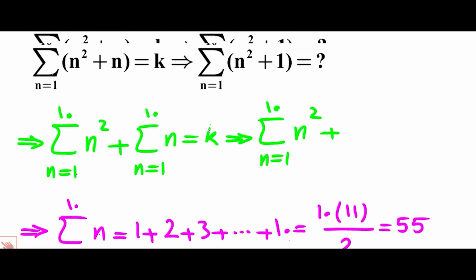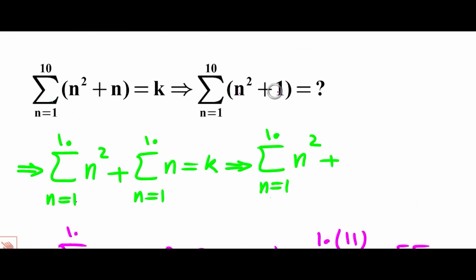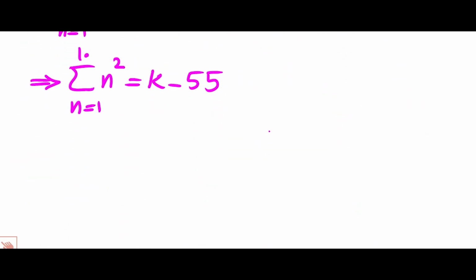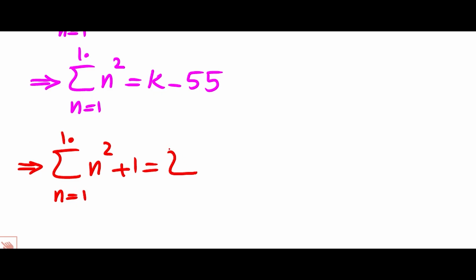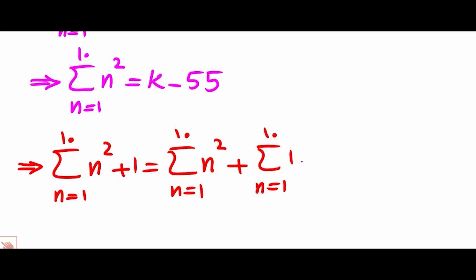And we want to solve the sum of n squared plus 1 from n equals 1 to 10. So the sum of n squared plus 1 from n equals 1 to 10 equals the sum of n squared from n equals 1 to 10 plus the sum of 1 from n equals 1 to 10.